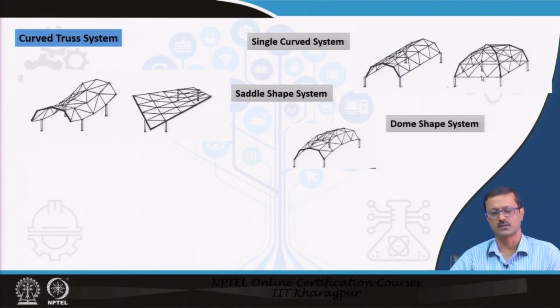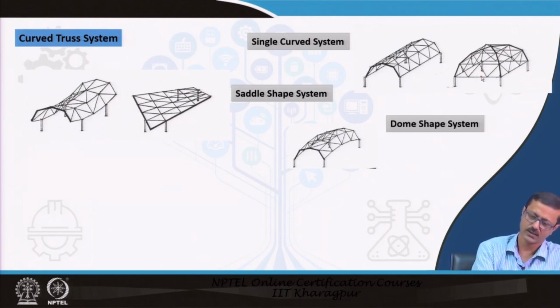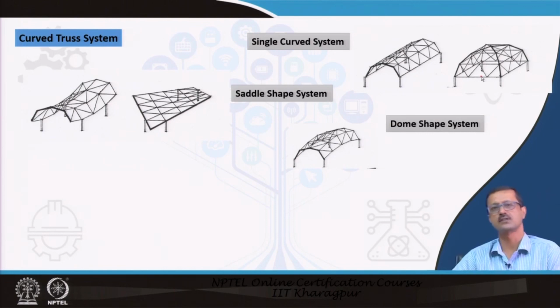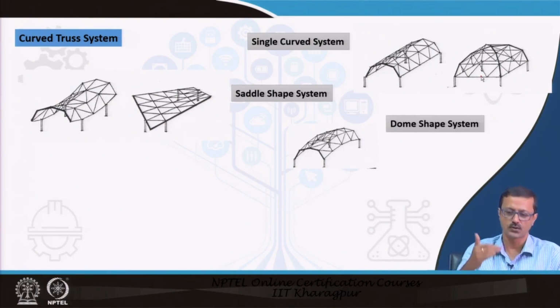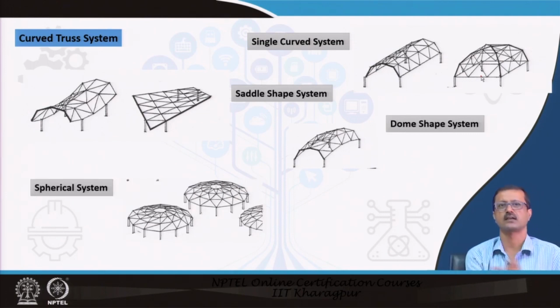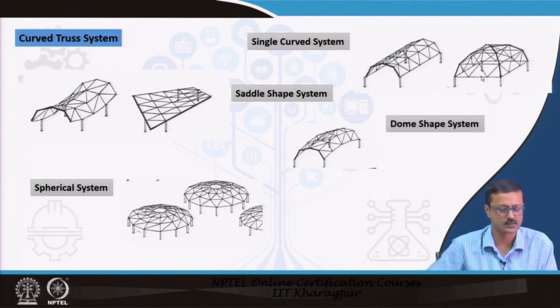In the sixth week, when we discuss the different types of shell structure, we will discuss thoroughly the saddle shape and those kinds of shapes, the dome shape also. So, single curve, then a double curve, a saddle shape, a dome shape, or maybe a spherical kind of truss system can also be thought of. Those come under the category of the curve truss system.